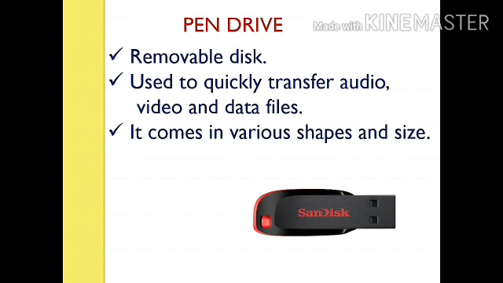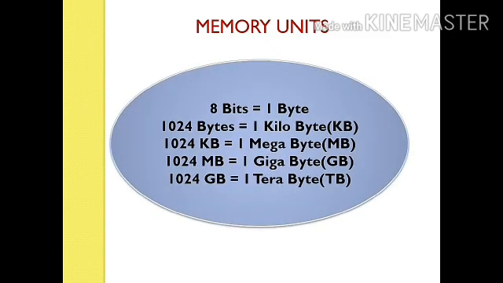Now we are going to discuss another topic, that is memory units. A computer processes and stores data and instructions in the form of two digits, that is 0 and 1. These digits are called binary digits, or in short bits.